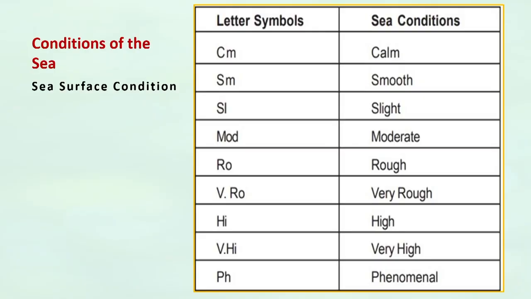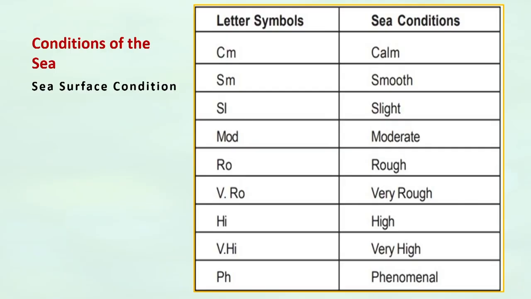Conditions of the sea is not a major weather phenomenon. It is not a factor affecting weather in a severe way, but it is also a factor affecting weather. So, sea condition means sea surface condition. The sea has water, right, on the surface of which ships are moving.